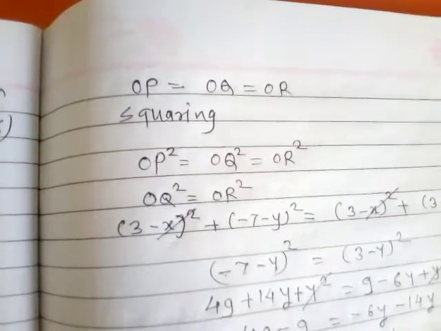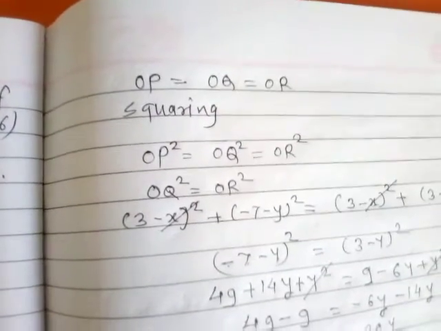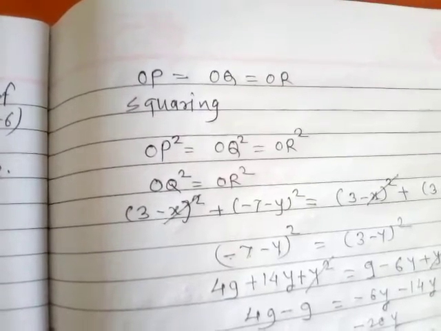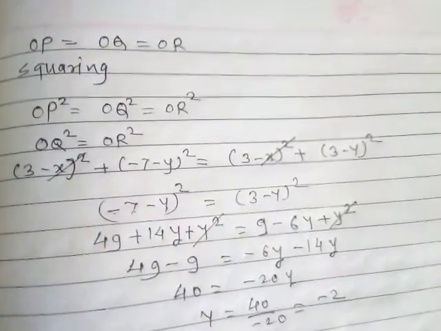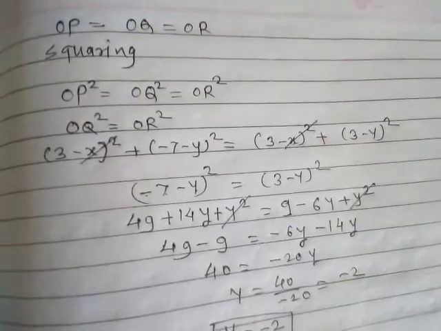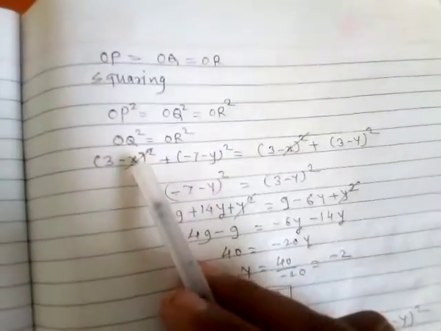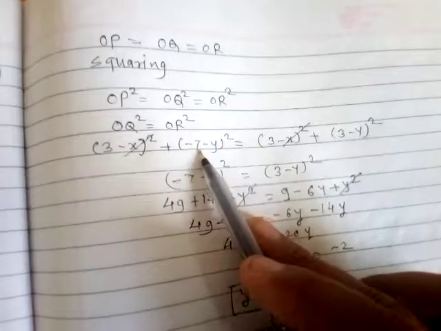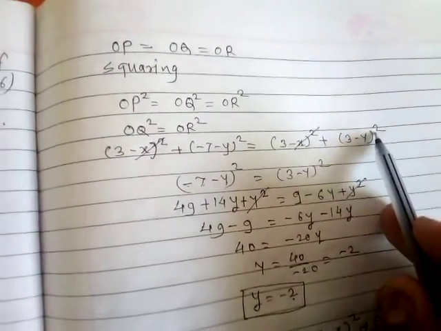Now first we consider OQ square is equal to OR square. Now by using equation number 2 and equation number 3 we get OQ square is equal to (3 minus x) whole square plus (minus 7 minus y) whole square is equal to (3 minus x) whole square plus (3 minus y) whole square. Okay, both sides contain 3 minus x, that's why (3 minus x) whole square and (3 minus x) whole square get cancelled. Remaining: (minus 7 minus y) whole square and (3 minus y) whole square.